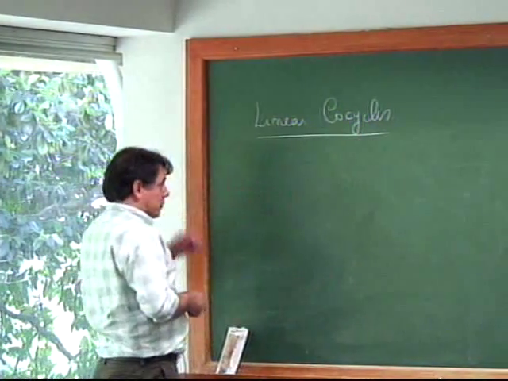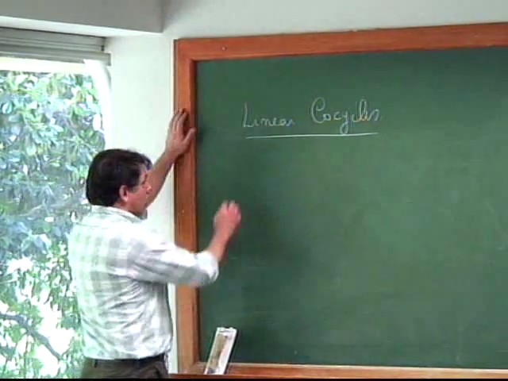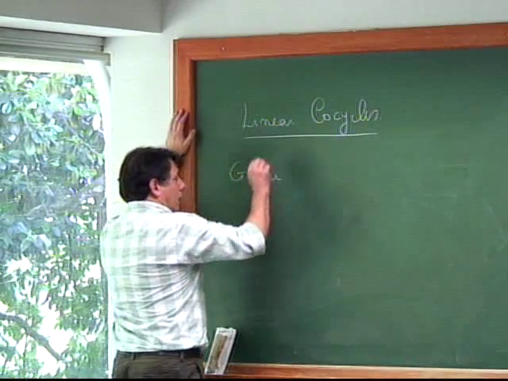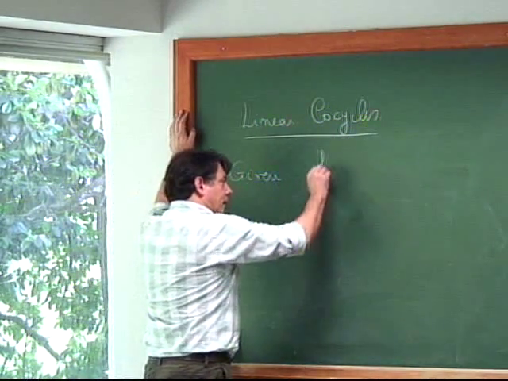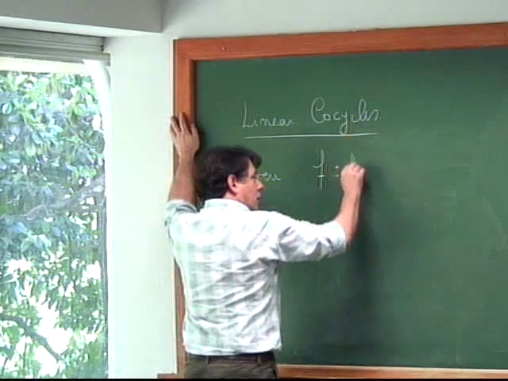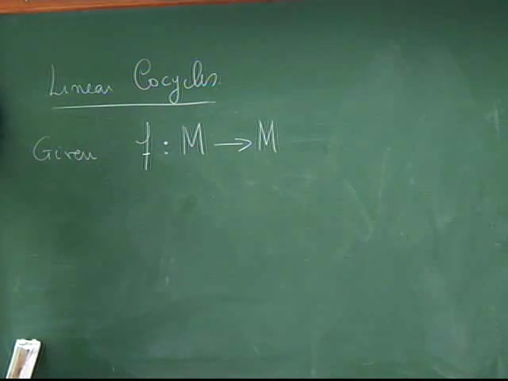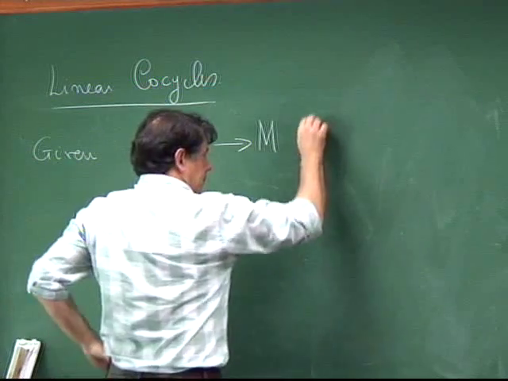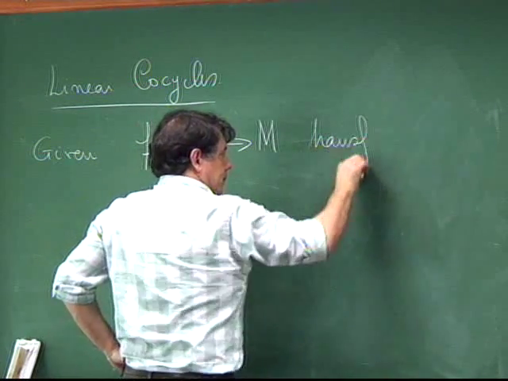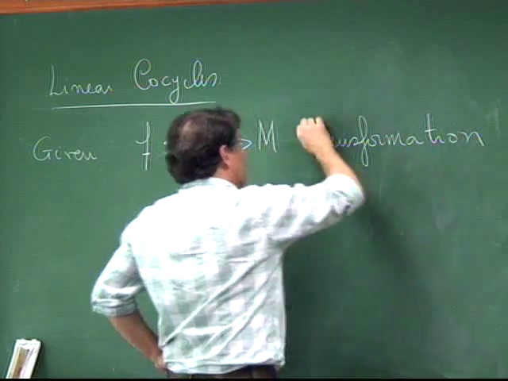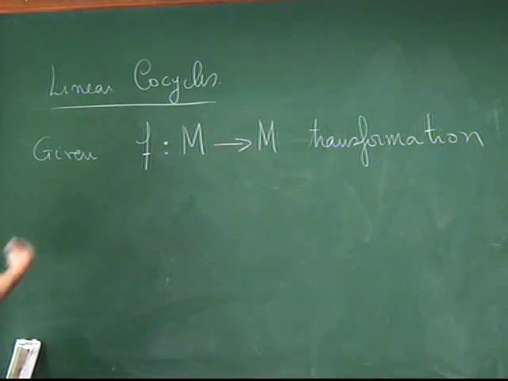So a linear cocycle has two objects. We are given a dynamical system, which I will most of the times take to be a discrete time dynamical system, given a transformation. One can define linear cocycles with continuous time as well, but it doesn't change much.